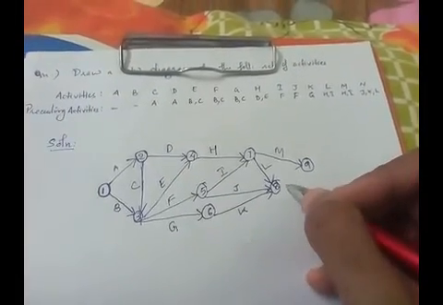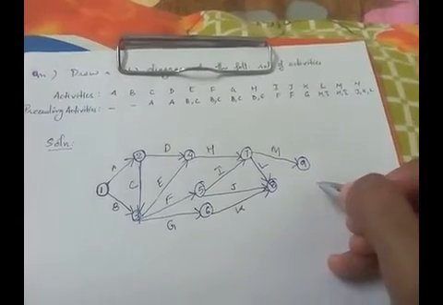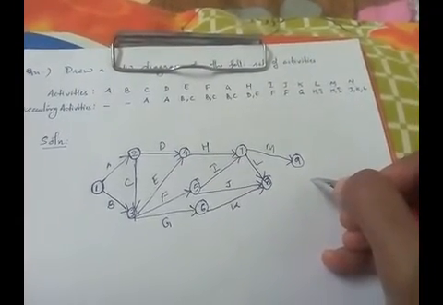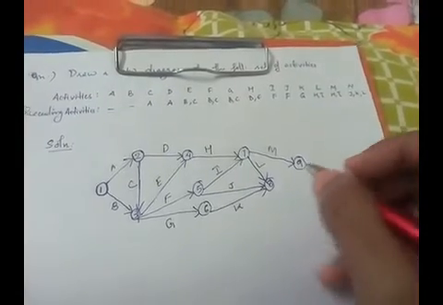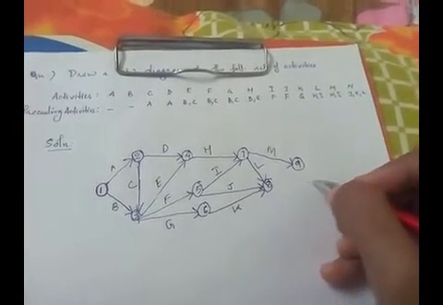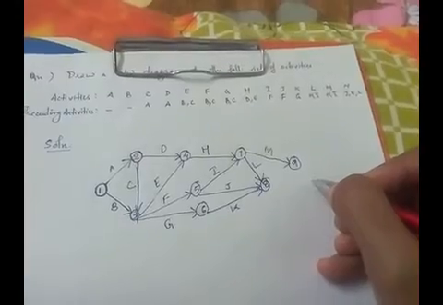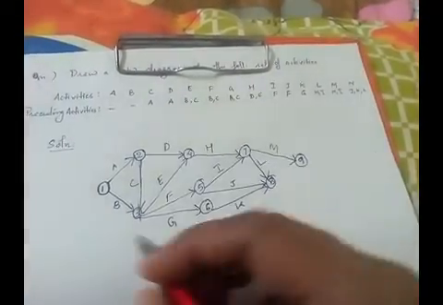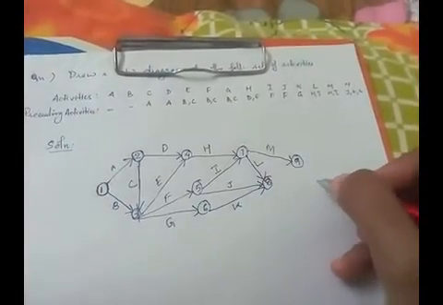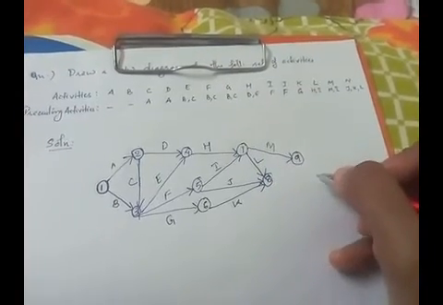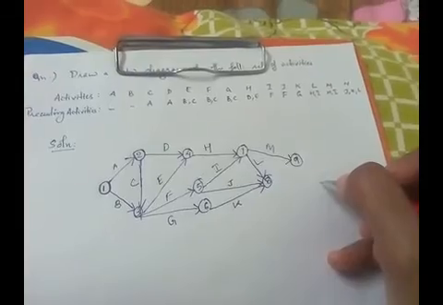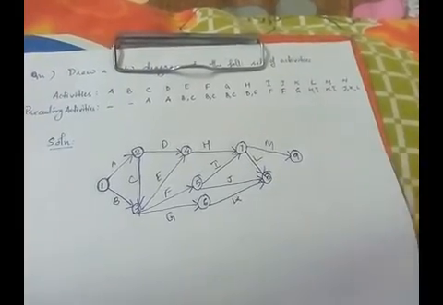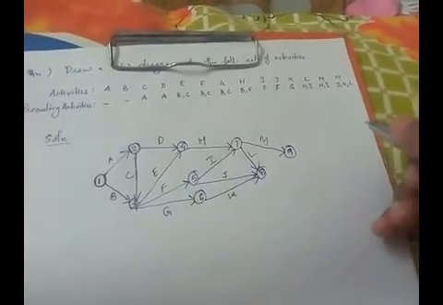But if we draw a separate event for N to end, then there are no more activities to be drawn, so in the figure we will have two ending events. It is not possible in a network diagram. The network diagram should have only one starting event and one ending event.